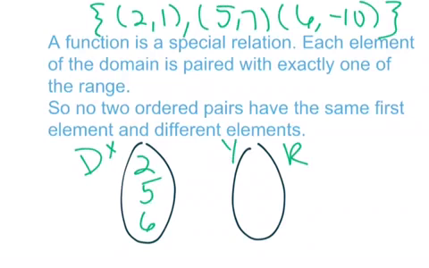And over here, let's use orange. We have 1, 7, and -10. 2 goes with the 1. 5 matches up with 7, and 6 goes with -10. So this is a function because each of the domain values has a different second element, or different range.